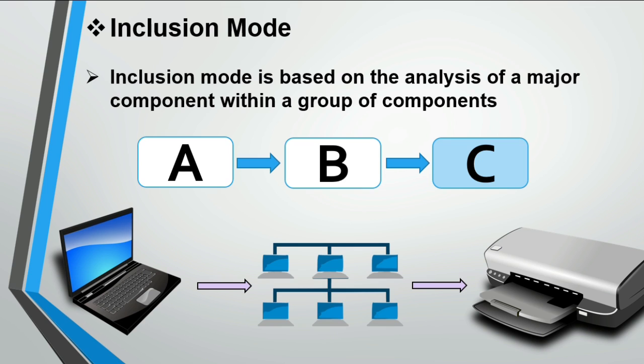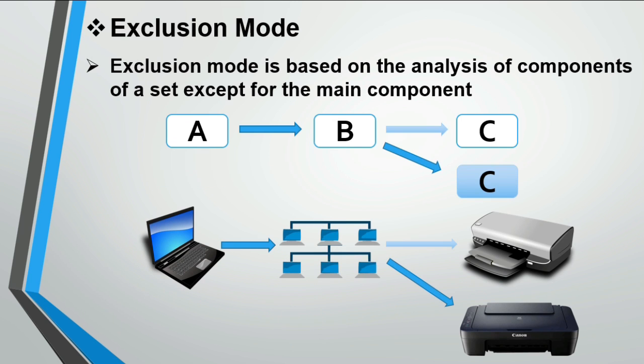Once you do all this and the failure still persists, you can go to the next mode, the exclusion mode. The exclusion mode is based on the analysis of components of a set except for the main component. As you see here, this is the diagram that you can follow to troubleshoot this printer using the exclusion mode.